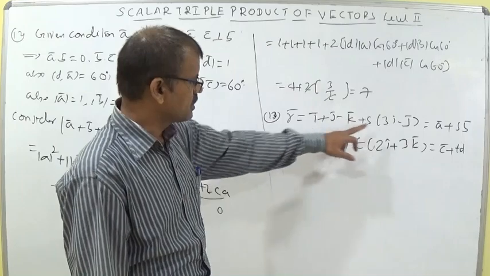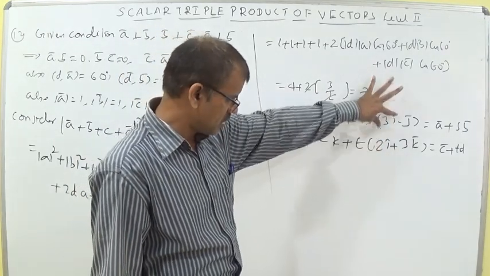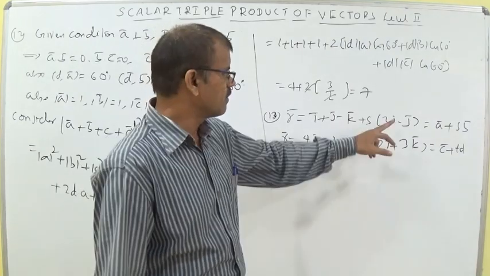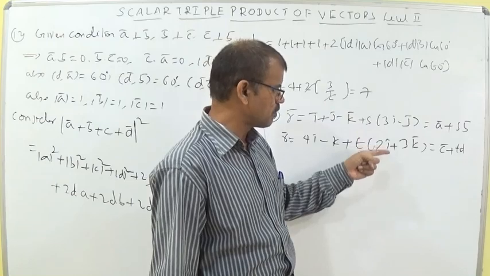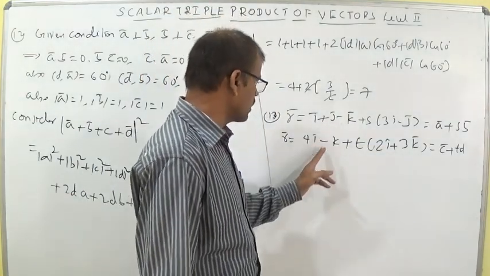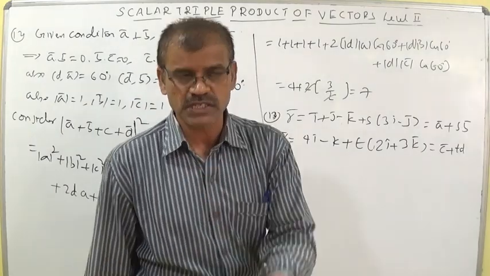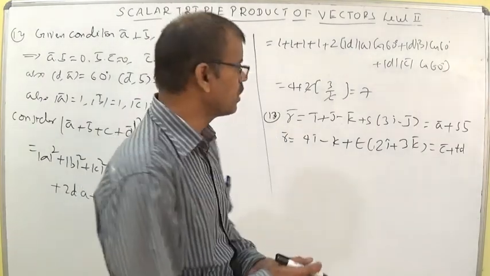Understood? If the dot product of B and D is 0, it is perpendicular. If the cross product is 0 or they are in proportion, they are parallel. If the box product is 0, they intersect, and if not 0, they are skew lines.